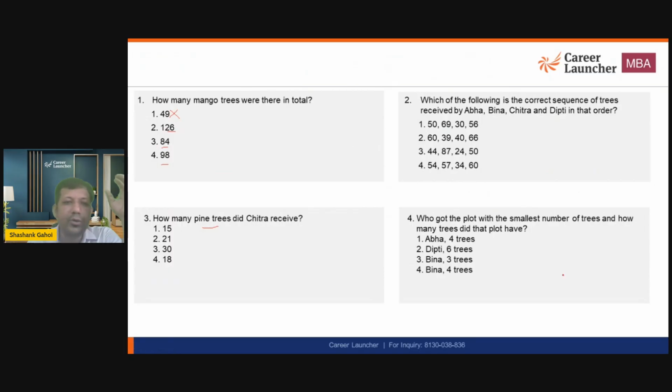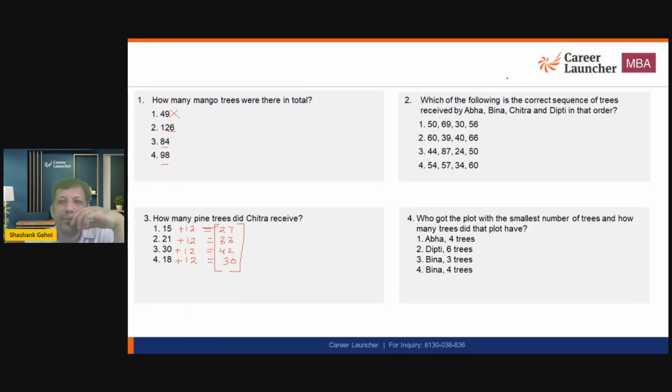So what I am going to do is say 15 plus 12, so 27, 21 plus 12, that is 33, 30 plus 12, that is 42, and 18 plus 12, that is 30. So the possible numbers of trees that Chitra can get are going to be these ones.